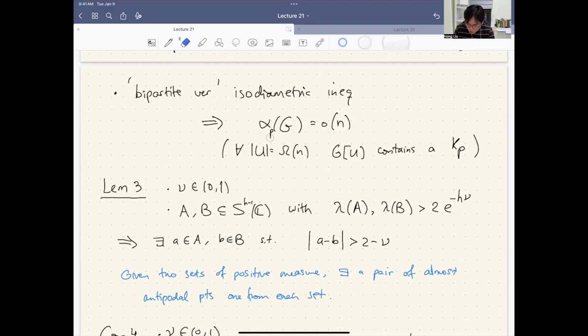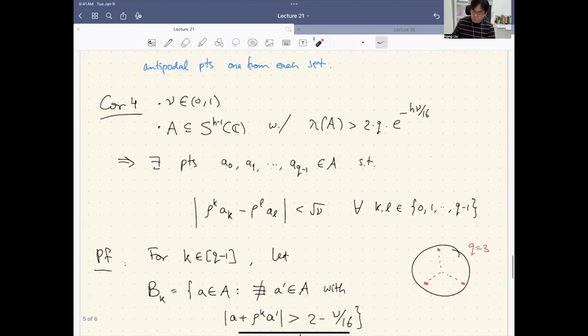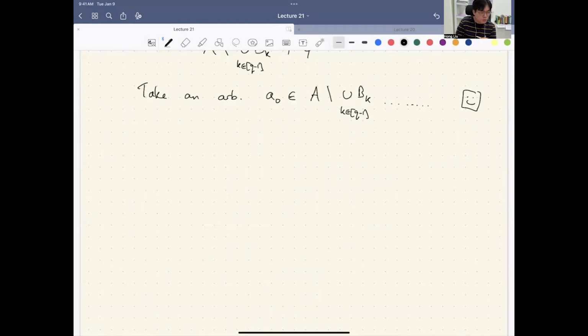Sorry, I made a mistake here. Any linear size set induces a KQ. This is the corollary. Let me directly write the corollary.